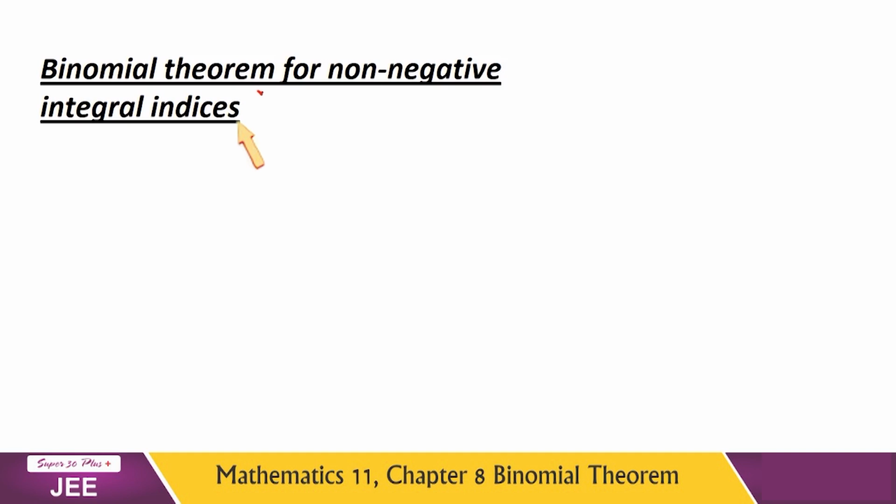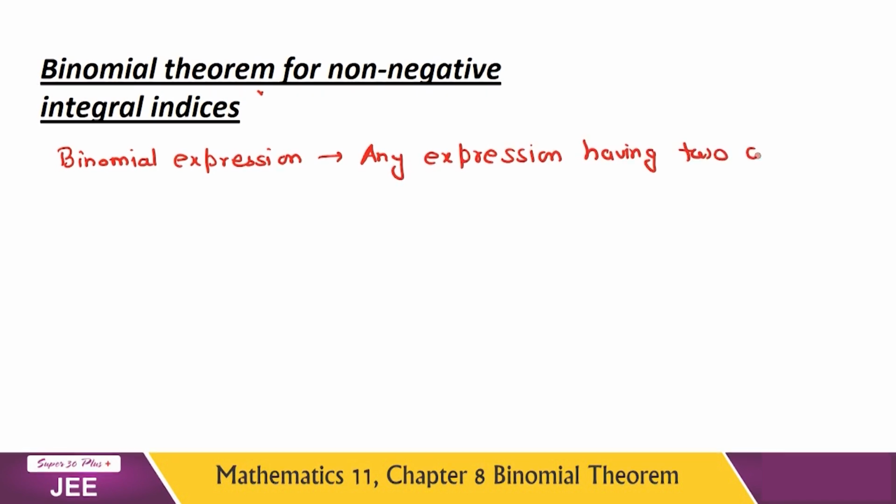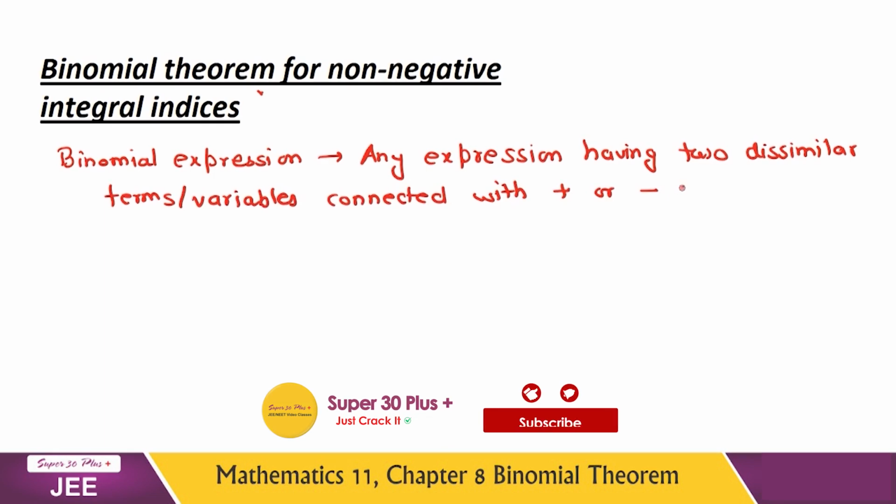Alright, let us first understand what we mean by a binomial expression. I can say that it is any expression having two dissimilar terms or variables connected with a plus or minus sign.